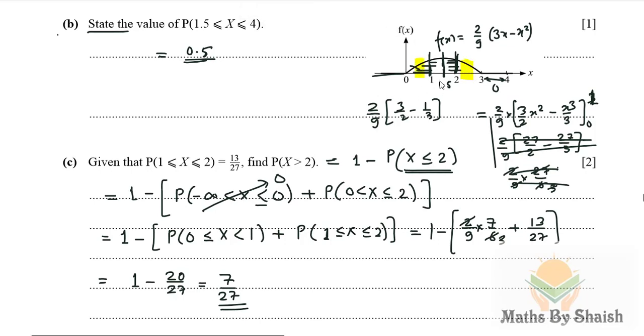So if we subtract the total area, 1 minus 13 over 27, we will get the area which I have shaded in yellow.